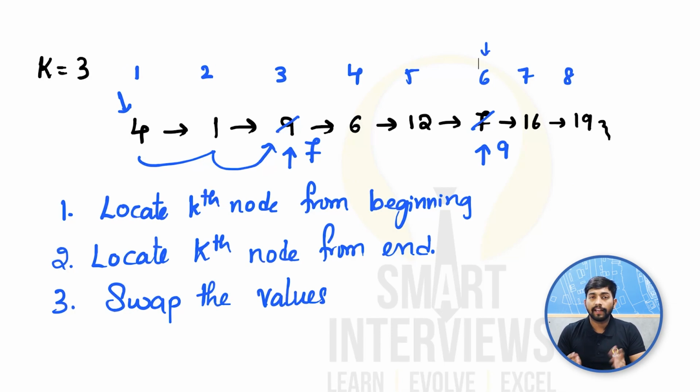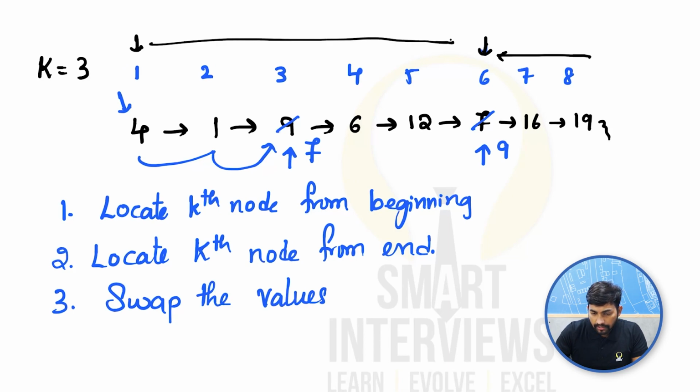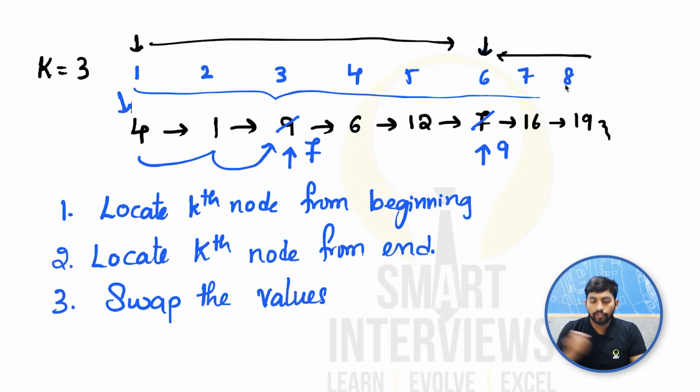Okay, one idea is, we can't traverse to the kth node from the end, but the same node is at some position from the beginning. We can traverse from the beginning to this node, but for that we'll have to find out the position of this node from the beginning. How do we do that? Can we do something by observing the positions here?